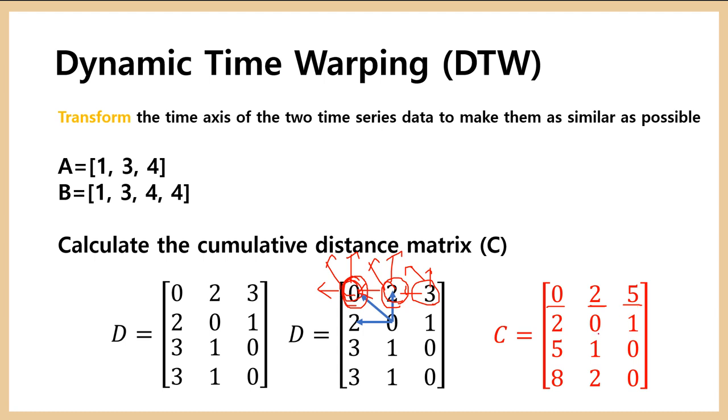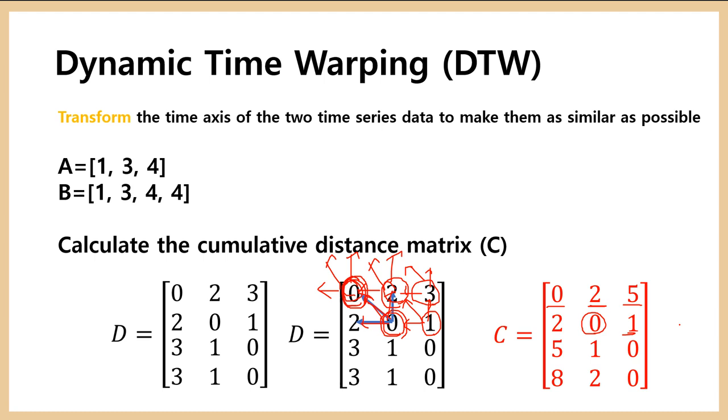And let's see this component, compare these three values. 0 is the smallest value, and then add this one, so this value comes out. So let's adjust this one. 0 is the smallest value, so 0 plus 1, this is the cumulative matrix.